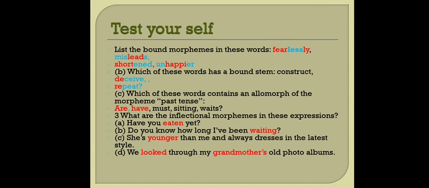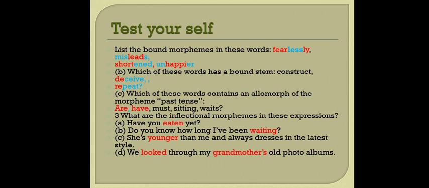It is not always the case that you have to combine a free morpheme with a bound morpheme to form new words, but sometimes you have different combinations. For example, in the case of the word deceive, if you divide this word into two parts, de and ceive, both parts give no meaning because they both are bound morphemes.